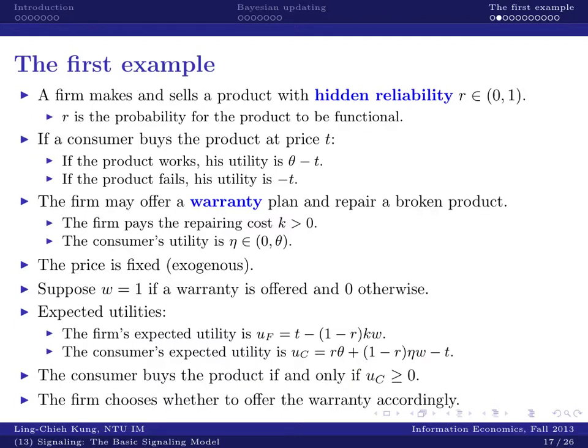So with this in mind, the consumer will buy this product if and only if the expected utility is non-negative. And if the consumer does not buy it, then both of the players will get a 0 utility. With that in mind, the firm is going to choose whether to offer the warranty accordingly.